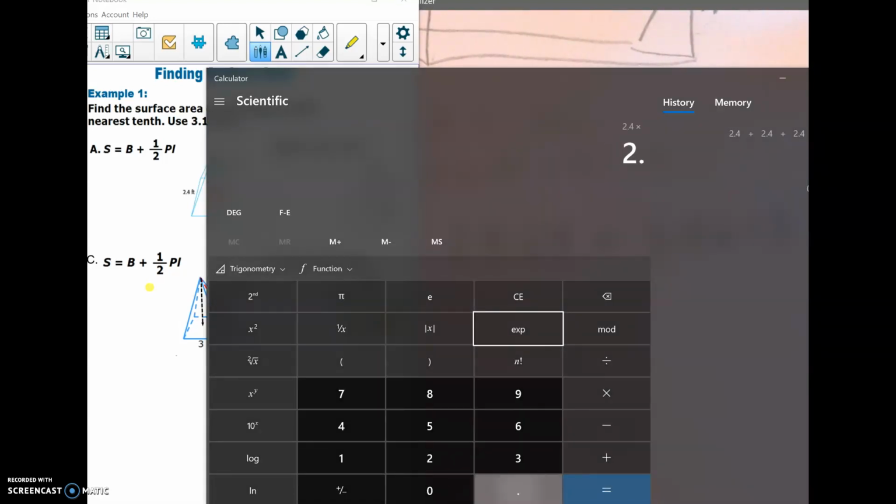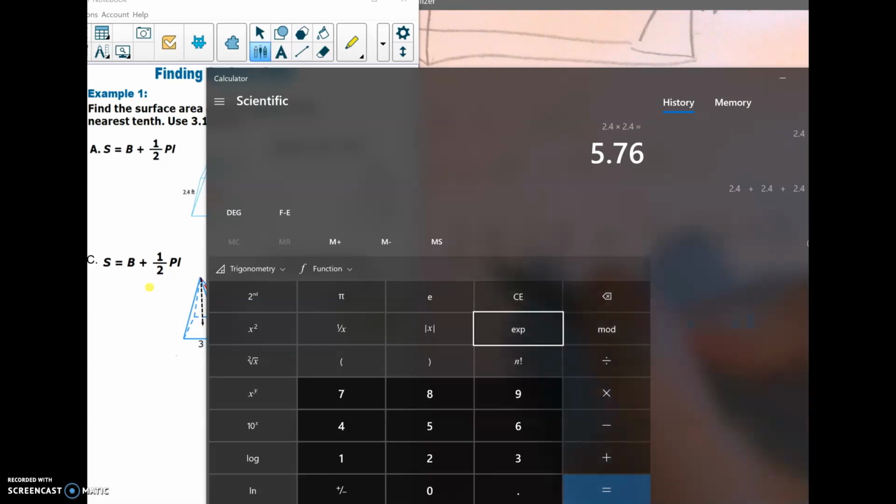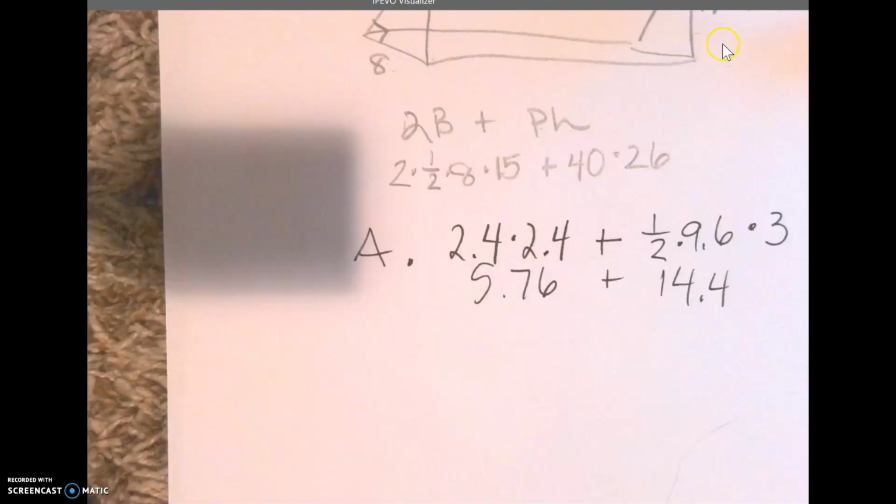2.4 times 2.4, so that first part is 5.76, and then 0.5 or half times the perimeter of the base times the slant height. And then my last step is to add those all together. I am showing my work back here, you just can't see.